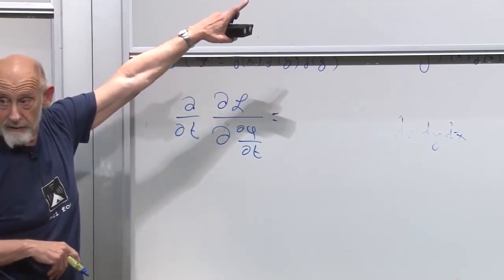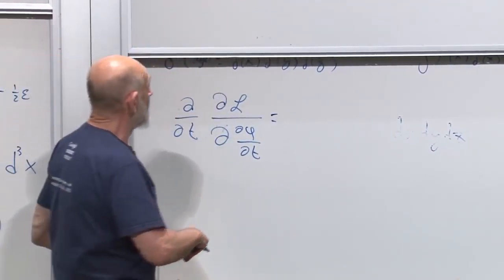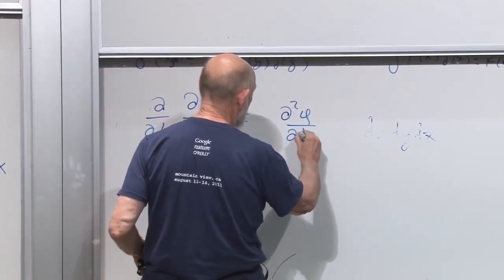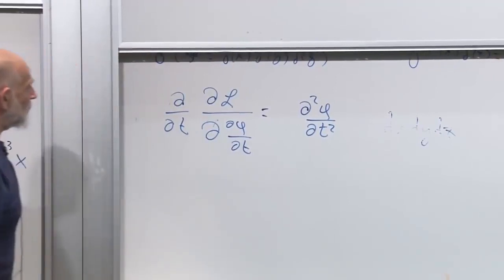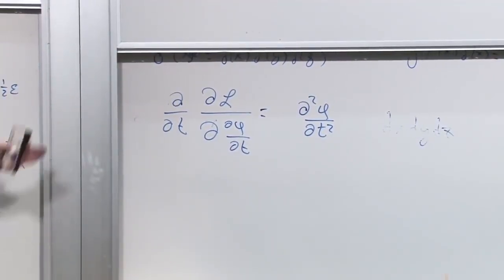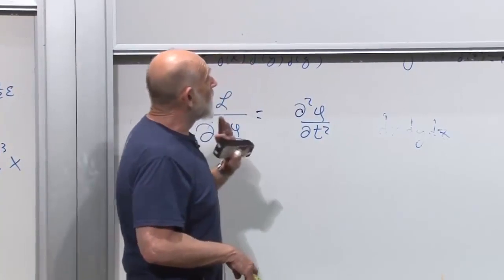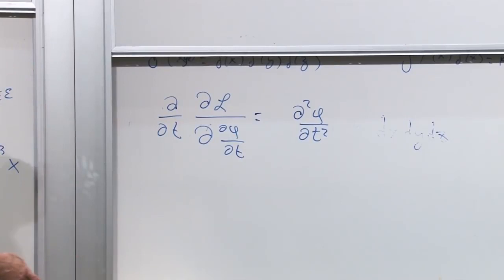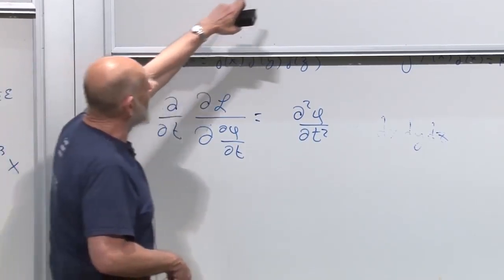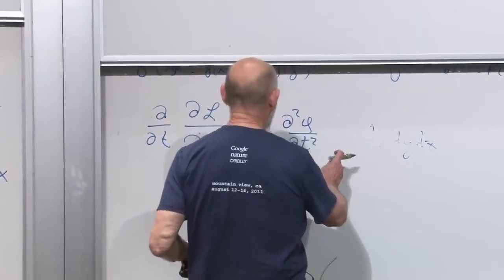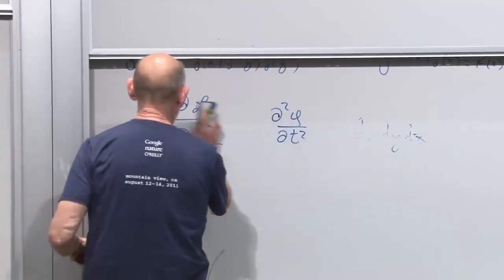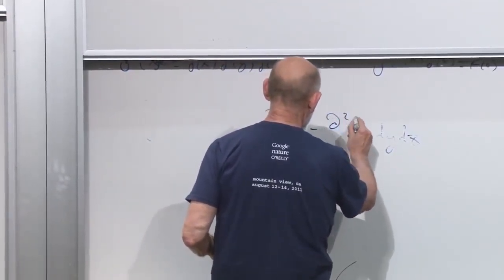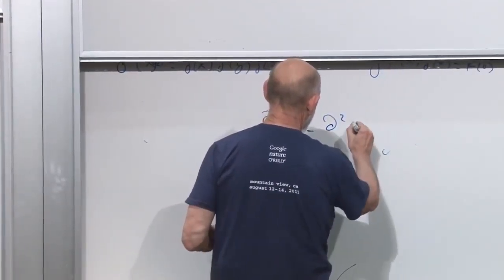It's just d phi dt, right? So this one is going to give us the second derivative of phi with respect to t squared, sort of like an acceleration. We have a kinetic energy, phi dot squared. When we work out the equation of motion, we have something that looks like an acceleration of phi. Now, there are the other terms coming from d phi by dx squared, and they're exactly the same sort of thing. I'm going to erase this, and I'm just going to put in minus d second phi by dx squared.